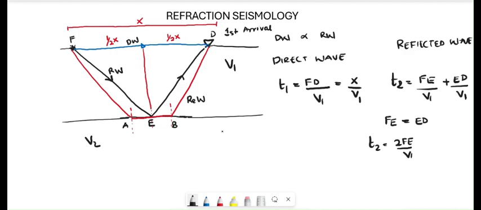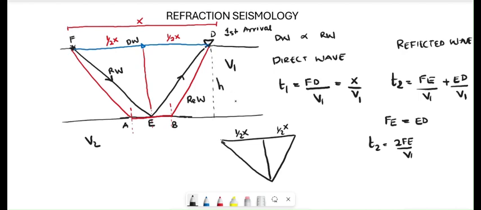Now, when you bring the reflected ray out, this is how it looks, with the normal being here. Now, the normal divides this side into two equal halves. So this is 1 over 2x, 1 over 2x, right? Now, we want to know the distance. Let's say from here to here is a certain height, h.